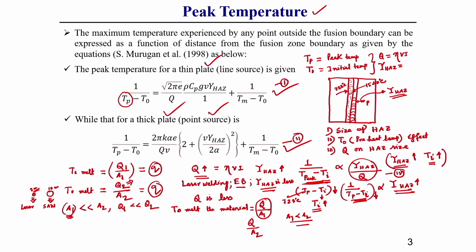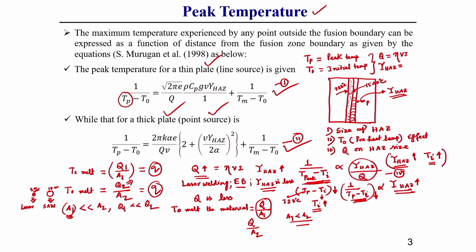That is why, to get the same heat flux q, the net heat input Q2 in case of arc welding is much higher than Q1.